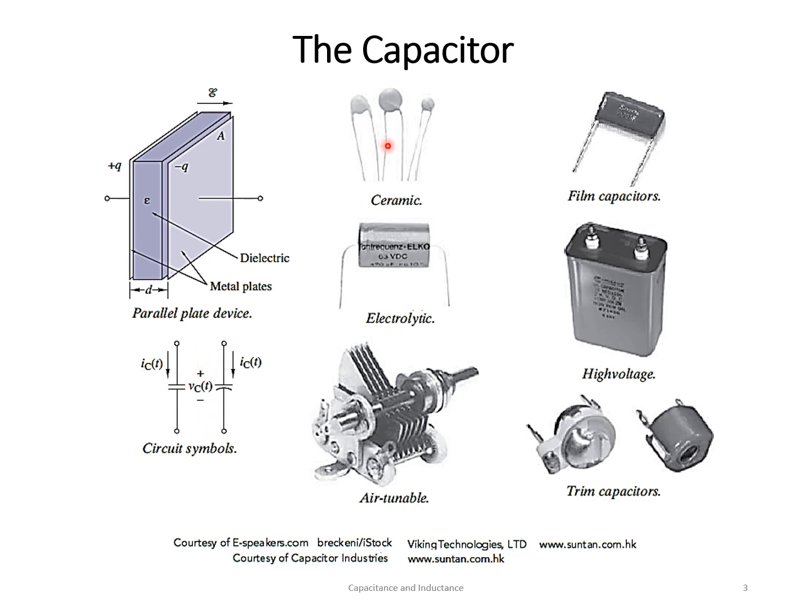There are various forms of capacitors: ceramic capacitor, film capacitor, electrolytic capacitor, high voltage capacitor, air tunable capacitor. Air tunable capacitor means we have parallel plates, and in between the parallel plates the dielectric material is air, and if we move the knob over here, the capacitance will change.